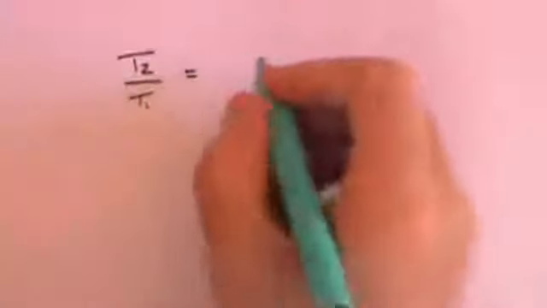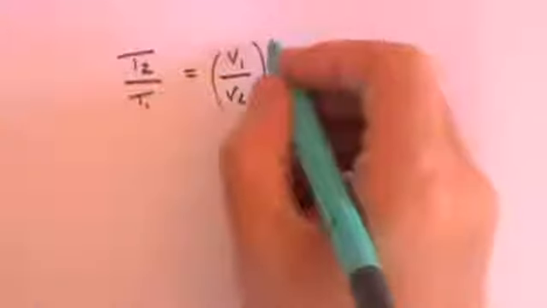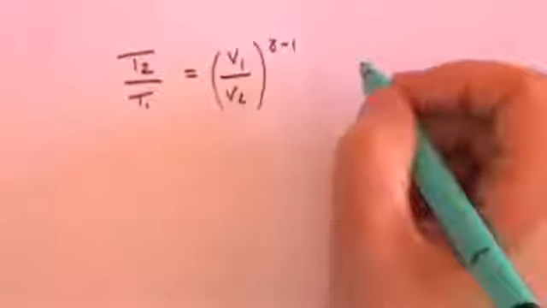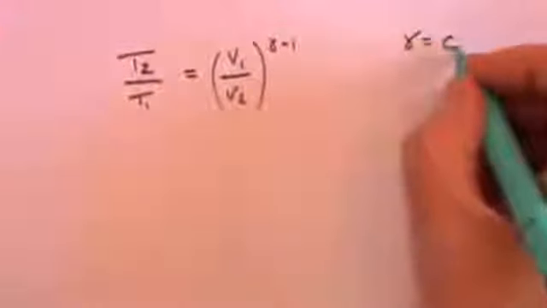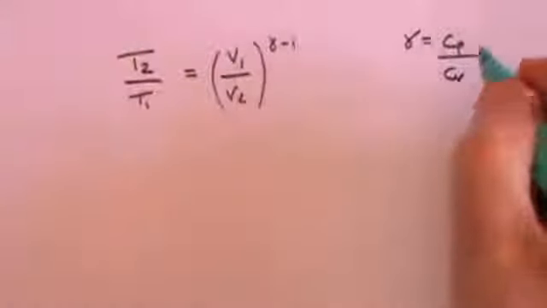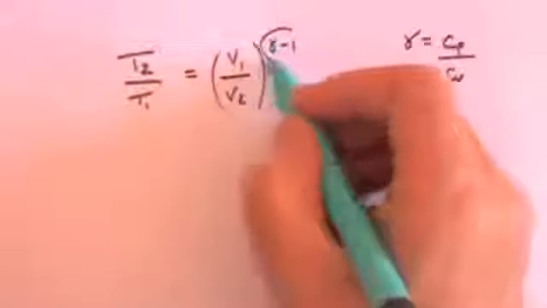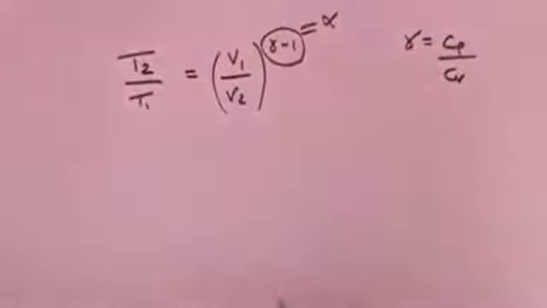Well, earlier on in this video we showed that T2 over T1 is equal to V1 over V2 to the gamma minus 1, where gamma, you remember, was Cp over Cv. Well, I'm going to let gamma minus 1 equal alpha, again just for simplicity.